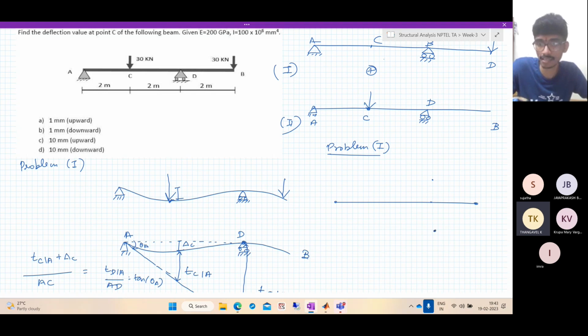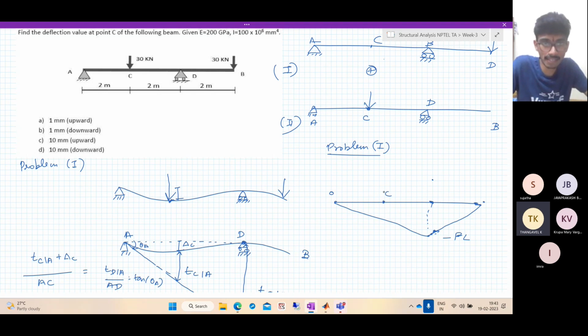So let me draw it on the other side. This is linear. So this will be minus P into L, taking this distance as L. In this problem, there is nothing else. Here it is a zero moment. So just connect it by a straight line. There's no other discontinuity. Take this as minus PL and this is 0. Now the point C is here.